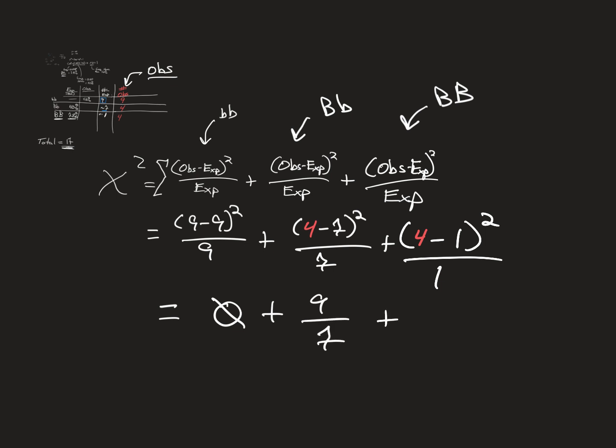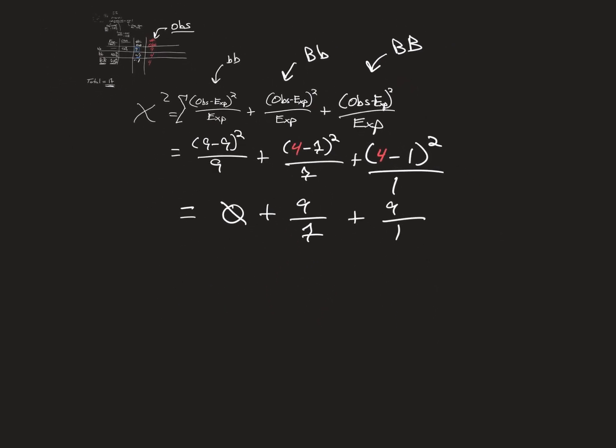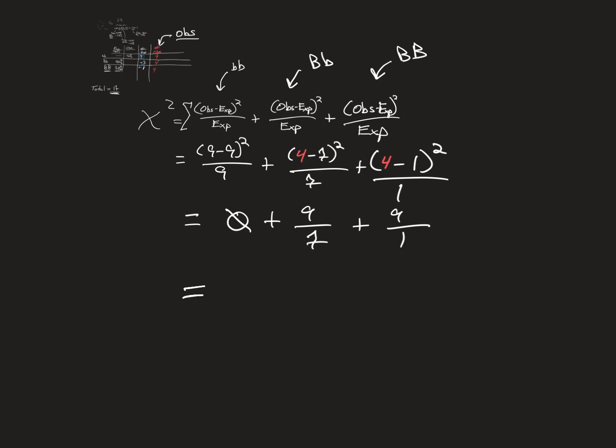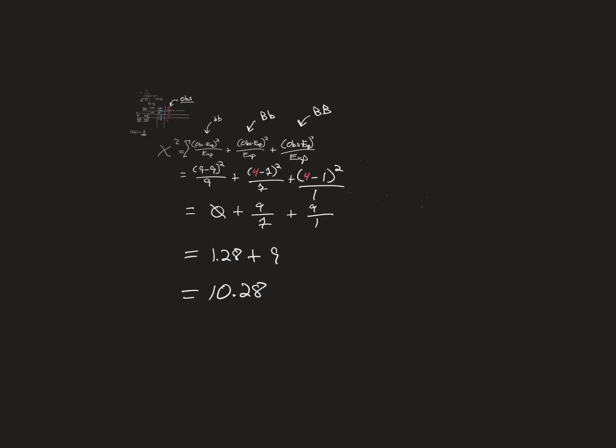And 4 minus 1 is 3, and that would be, again, 9, divided by 1. So add these together. 9 divided by 7 is what? 1.28. Plus 9 divided by 1 is 9, which equals 10.28. Well, that's great. That's chi-square.